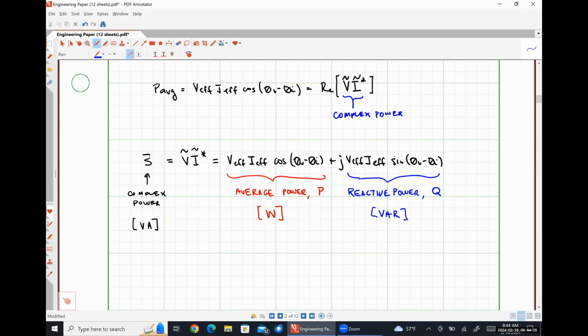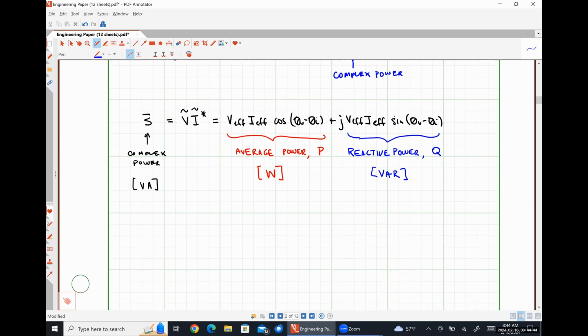But the units tell us which parts of the complex power that we're looking at. Okay. So if we're looking at complex power, things are measured in volt amperes. If we're looking at a real part of complex power, the average power, we're talking about watts. And if we're looking at reactive power, we're going to be using VARs.